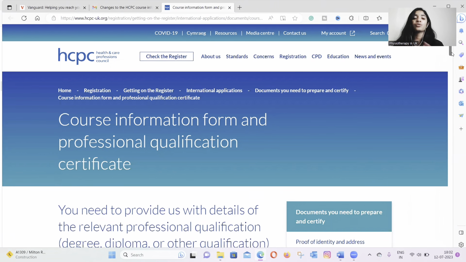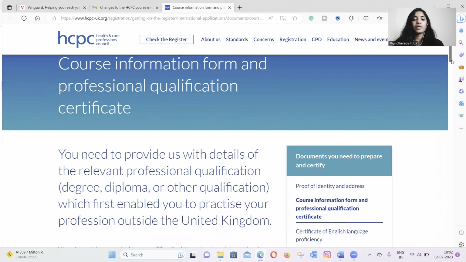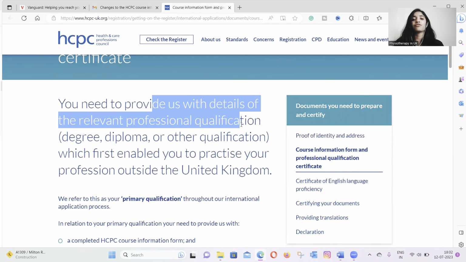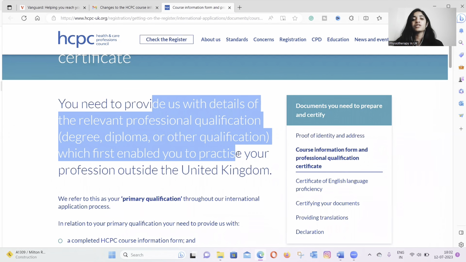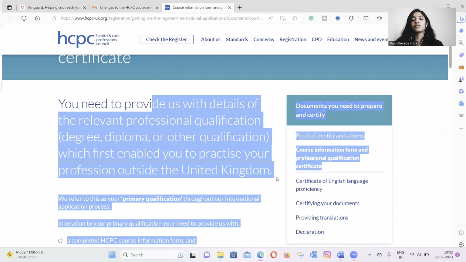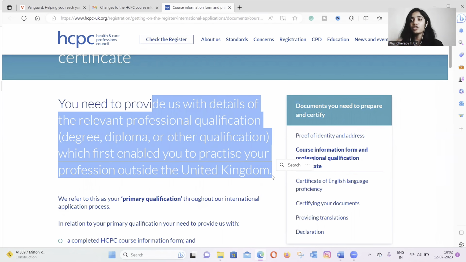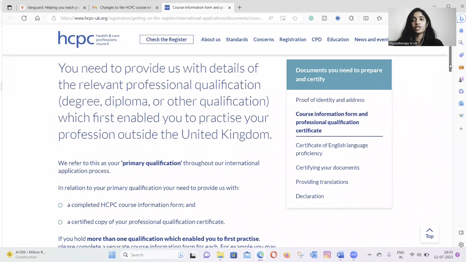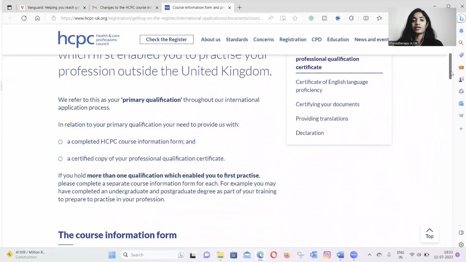But let's just talk through a few bits that are really important and relevant before we actually go on to the form. So as you can see over here, it says that you need to provide us with details of the relevant professional qualification which first enabled you to practice your profession outside the UK. So this can be your bachelor's certificate, your degree certificate, or even your diploma certificate, if that is what helped you to start practicing as a physiotherapist, occupational therapist, or radiologist in your own countries, that is in India, Pakistan, or Bangladesh.